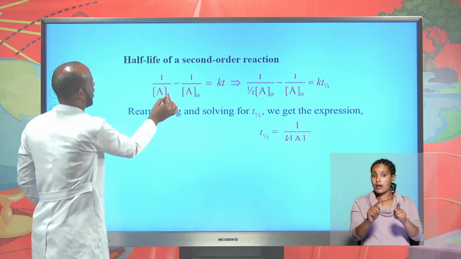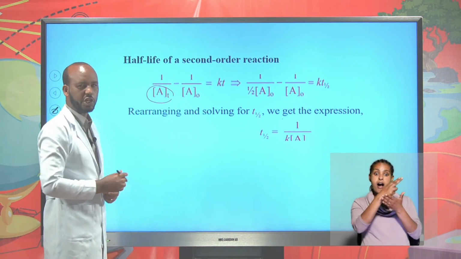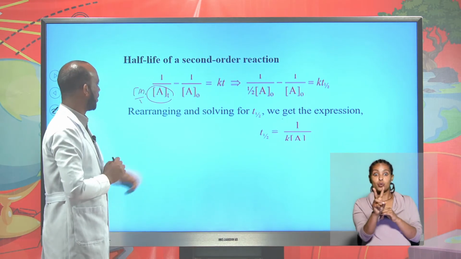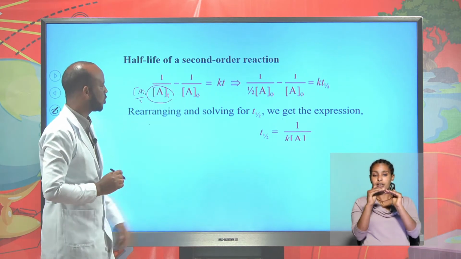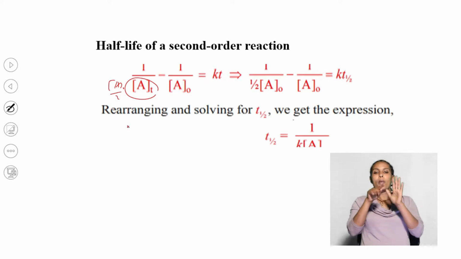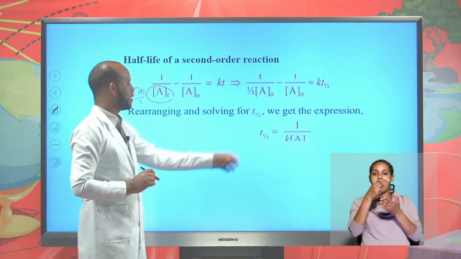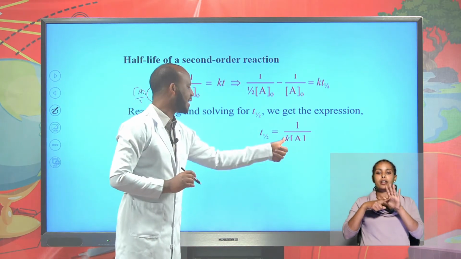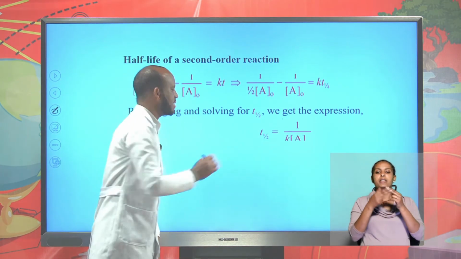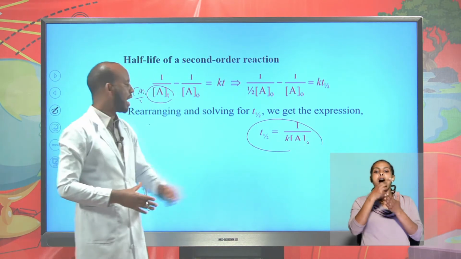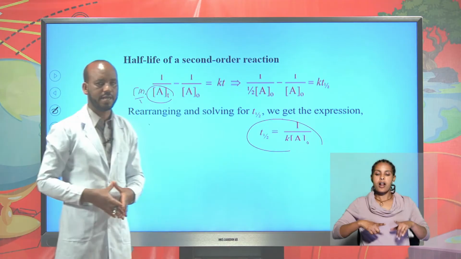When the concentration of A is half its initial concentration, A naught divided by 2, this becomes 1 over A naught divided by 2 minus 1 over A naught equals K times t half. Therefore, the half-life for a second order reaction is 1 over K times the initial concentration A naught.